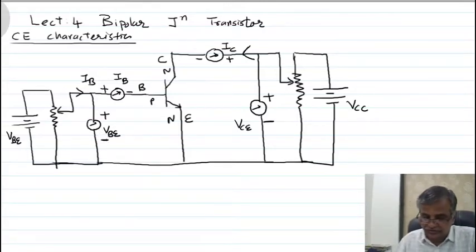So this is your circuit diagram to obtain input and output characteristics. So I am starting the topic. I have already explained how to connect the circuit.